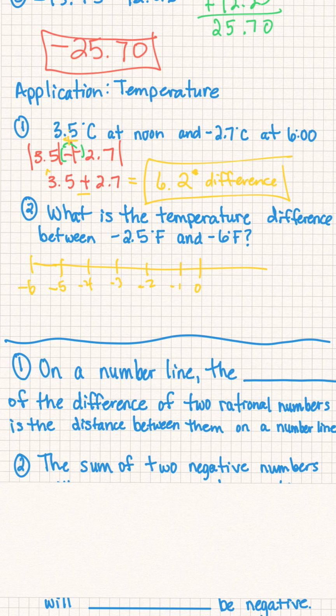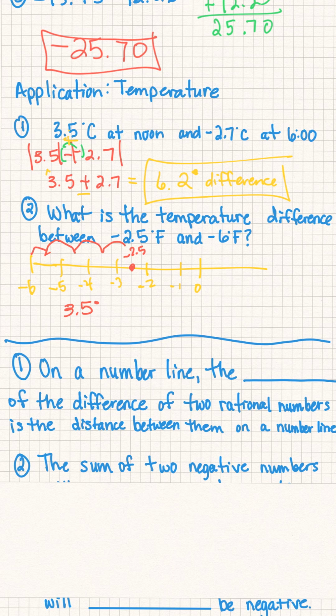And we're going to start at negative 2.5, and we want to go to negative 6. So here 3.5 is 1, 4.5 is 2, 5.5 is 3, and then we have a half, 3.5. So the difference is 3.5 degrees.